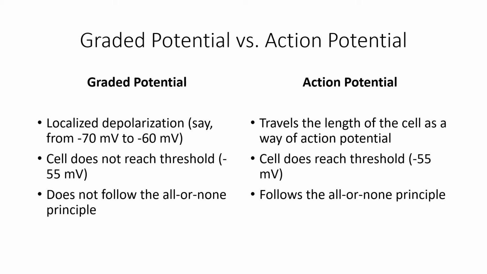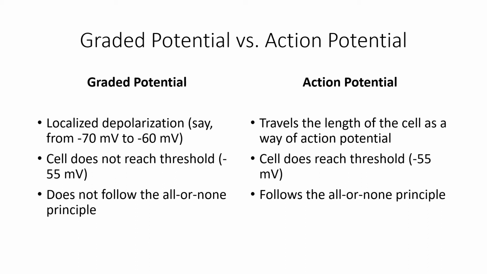If you've ever been to a football game in a stadium, somebody may decide that they want to do the wave. If they raise their arms and some friends around them also raise their arms, maybe this doesn't catch on. Maybe people look over and say, I'm not really interested in participating. That is simply a case of graded potential. You didn't reach threshold if only a few people throw their arms in the air.